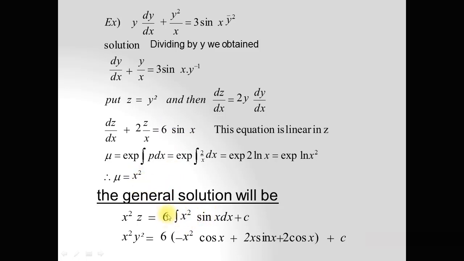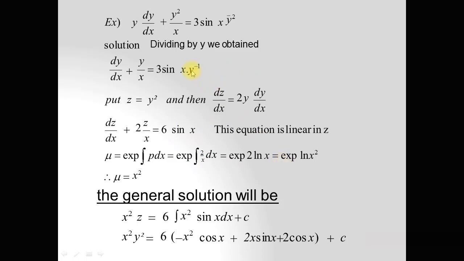The q function is 6 sine x. Now 6 is a constant term. So taking the integration of x square and sine x with respect to x by using integration by parts, we get 6 into minus x square cos x plus 2x sine x plus 2 cos x plus c.